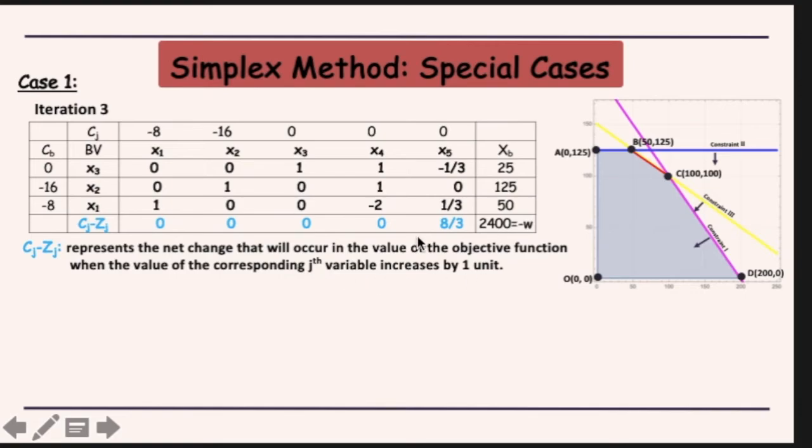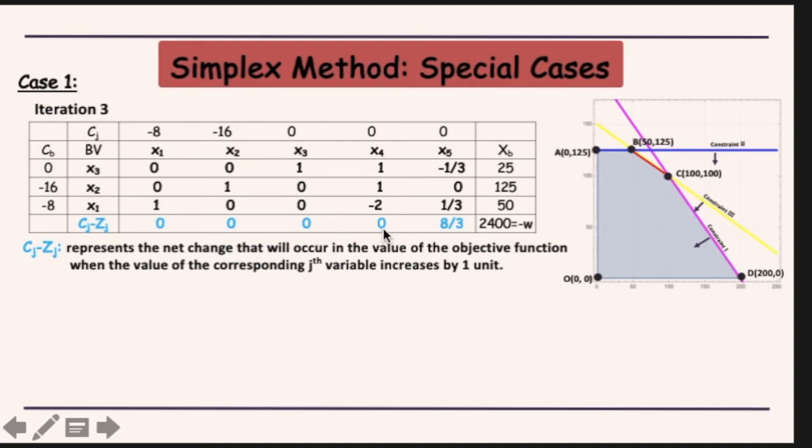So it means that what is the difference that is going to occur in the value of the objective function when I am going to increase these variables by 1 unit and increase them in the solution. Now a 0 against a Cj minus Zj value for a non-basic variable indicates that we can increase the value of this variable x4 without altering the value of the objective function.